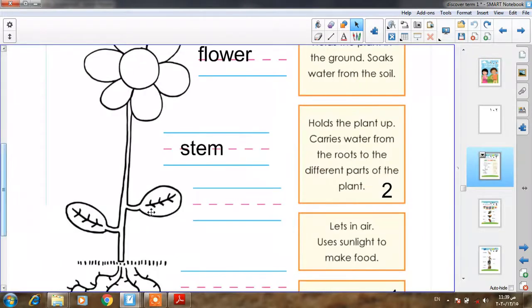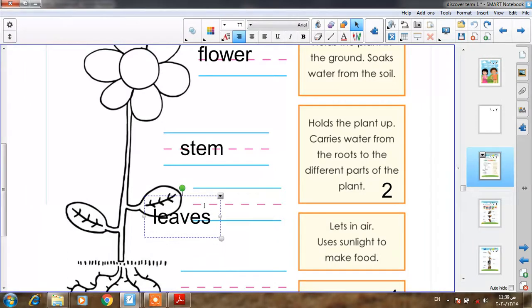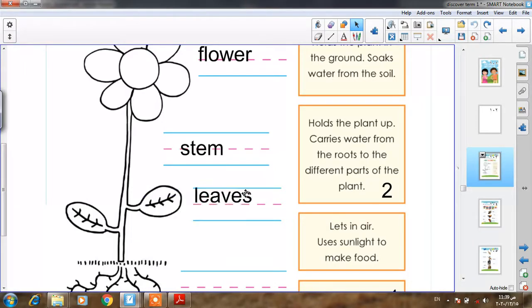Third is the leaves. And we said that the plant makes its own food. It needs air and water from the soil and sunlight. So the leaves need three things to make their food. They need what?